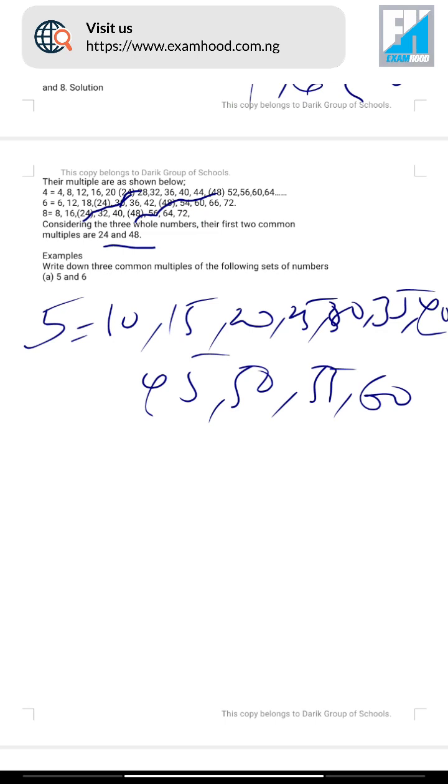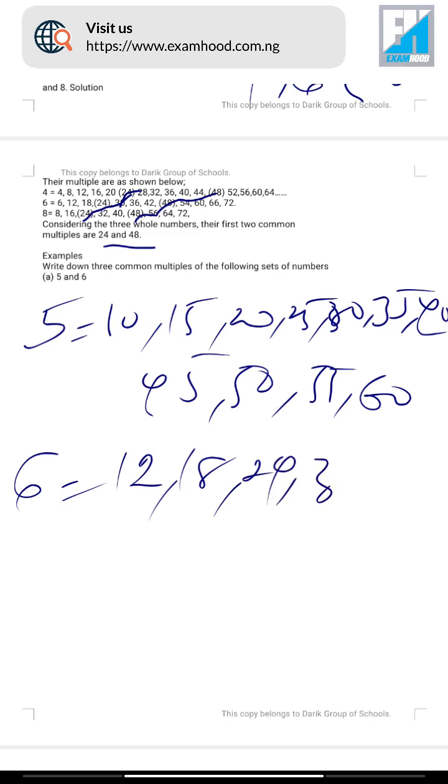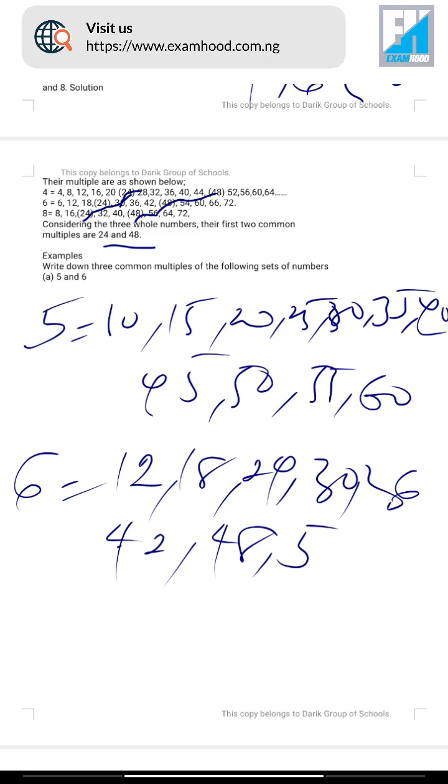And for 6, we have 12, 18, 24, 30, 36, 42, 48, 54, 60, and so on like that.